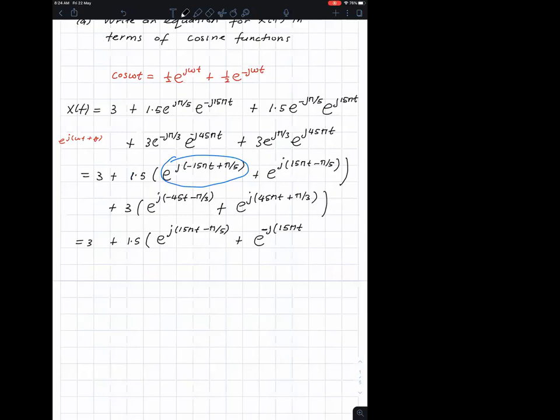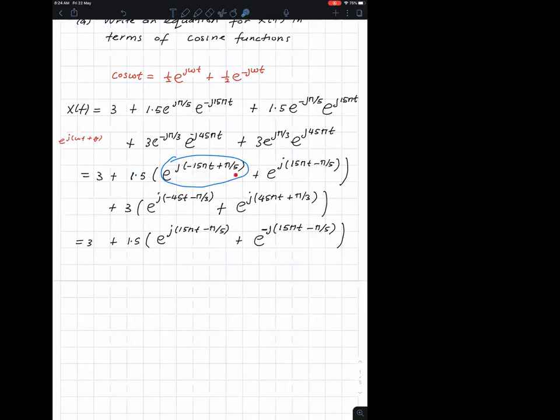So minus j 15 pi t is still minus j 15 pi t.